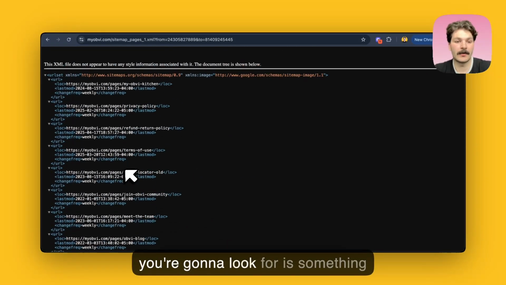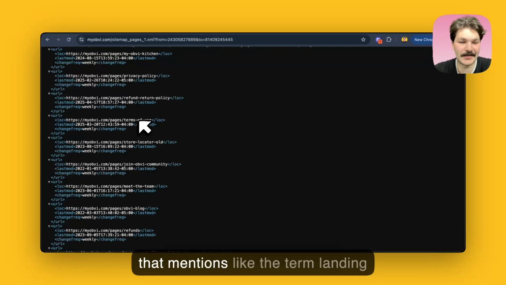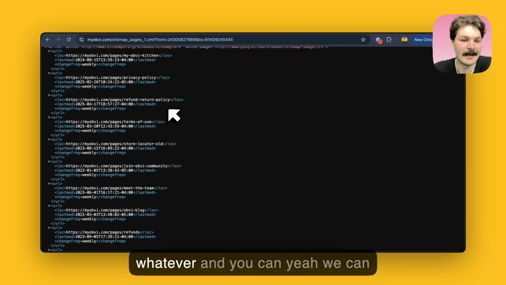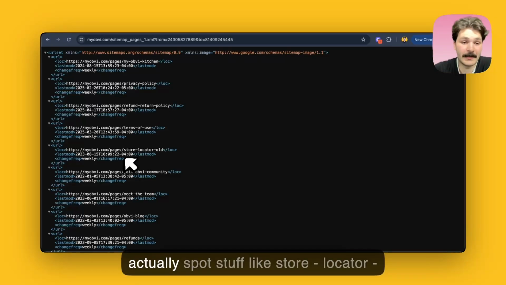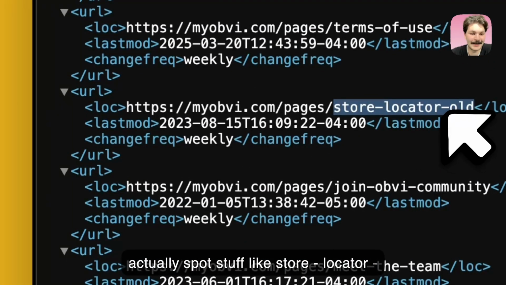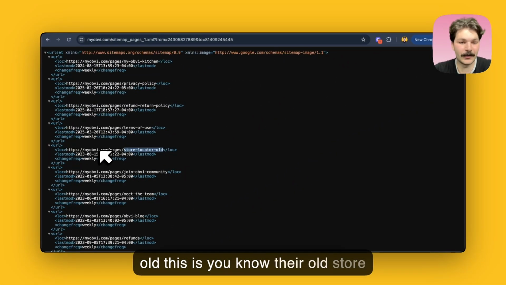Now what you're going to look for is something that mentions the term landing page or test or bundle or V1, V2, V3, like version 1, version 2, whatever. You can spot stuff like store-locator-old. This is their old store locator.